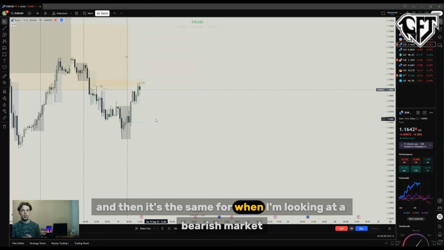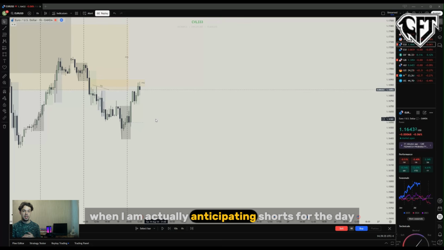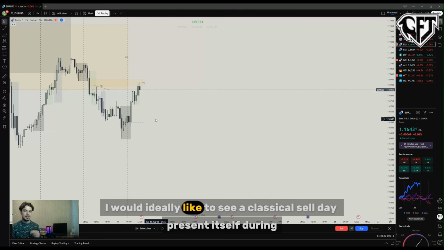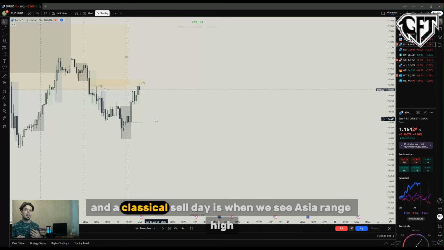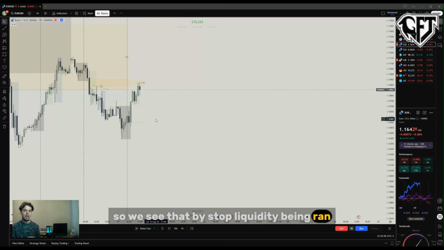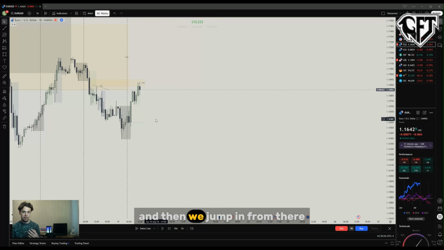And it's the same when I'm looking at a bearish market and looking at shorts. When I am anticipating shorts for the day, I would ideally like to see a classical sell day present itself during either the London session or the New York session. And a classical sell day is when we see Asia range highs, so we see that buy stop liquidity being ran, and then we see the mitigation of a supply zone, and then we see our lower time frame order flow shift from there, and then we jump in from there.